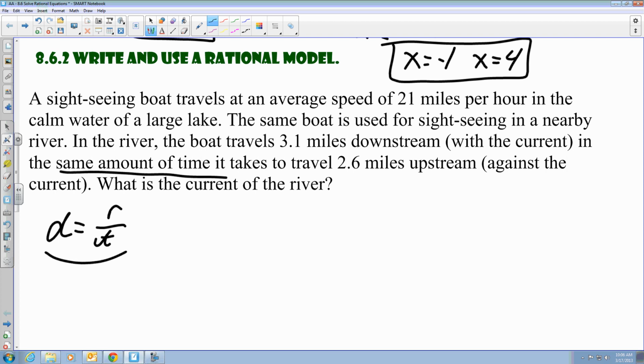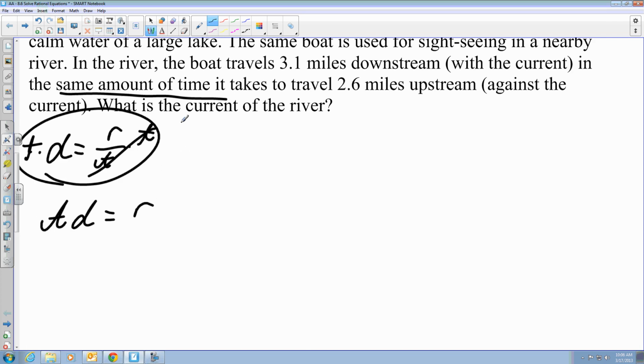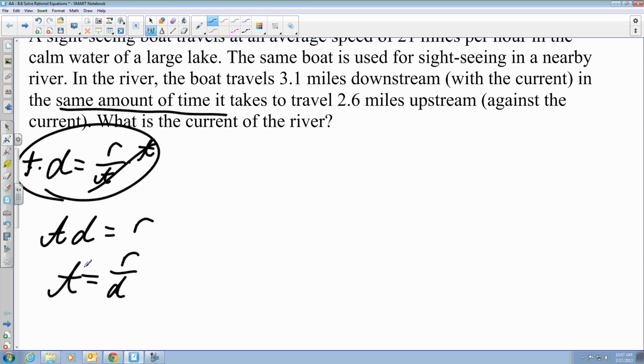So what I'm going to do is solve for T. I'm going to multiply T to both sides, which cancels this out. So I'm left with TR equals D. And then if I solve for T, I'm going to have T equals D divided by R. So we know it's the same amount of time, but for the one that went downstream, the boat went 21 miles per hour plus x, whatever the speed of the current is, going downstream, and we know that the distance was 3.1 miles.